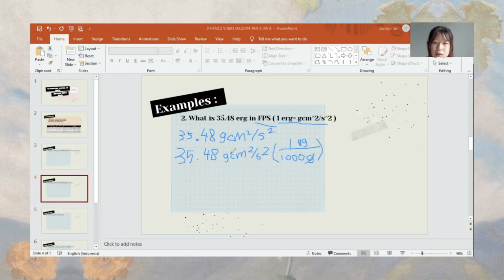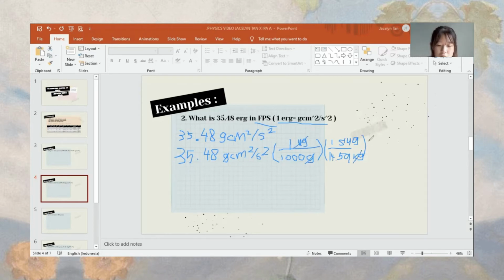So we can cancel the gram. So 1 kilogram is still not in FPS form, so we need to change it to slug. So we know that 14.59 kilogram is equal to 1 slug, so we can cancel it out.